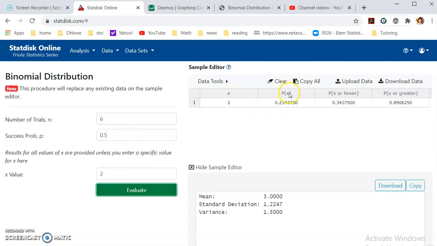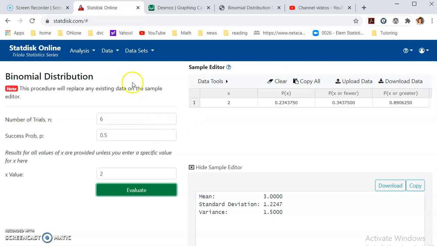P of x will be here. P of x is 2, so that means the probability of exactly 2 heads out of 6 is 23%. If I have 2 or fewer, that means 2 heads, 1 head, as well as 0 heads, that is this percentage. And if I have 2 heads, 3, 4, 5, 6 heads, all of them added together, that is 0.89.